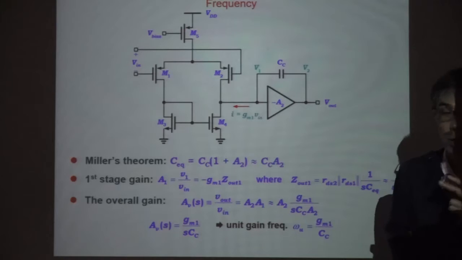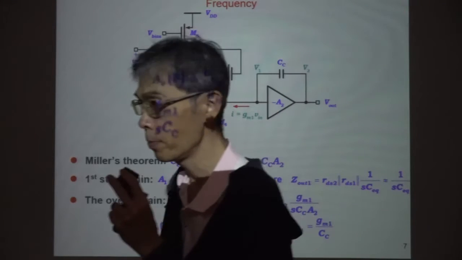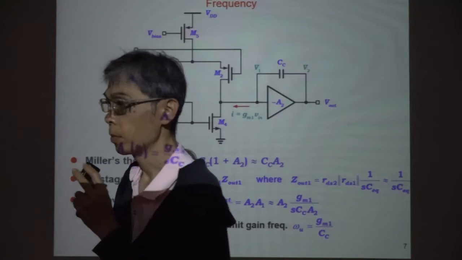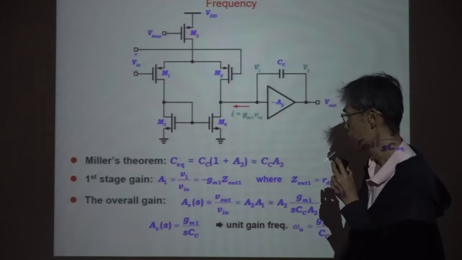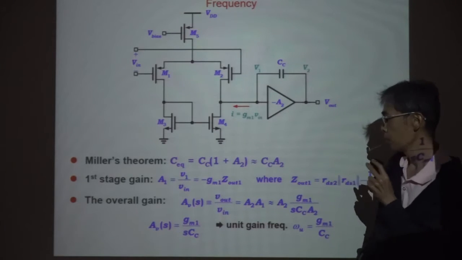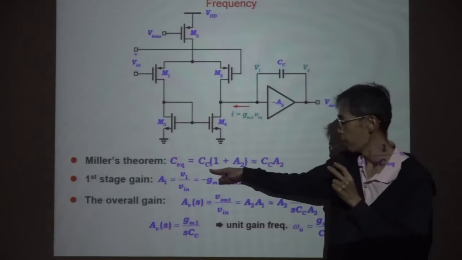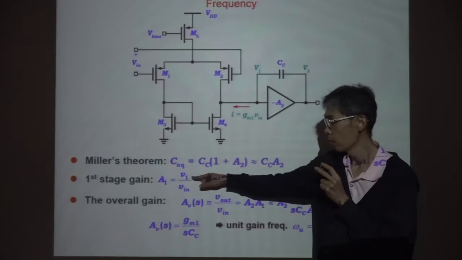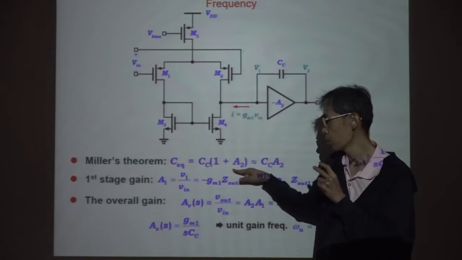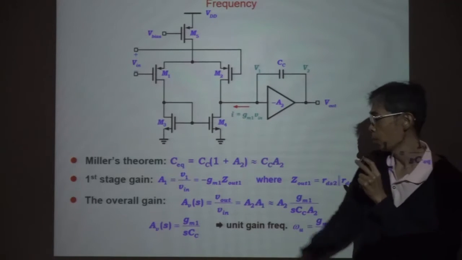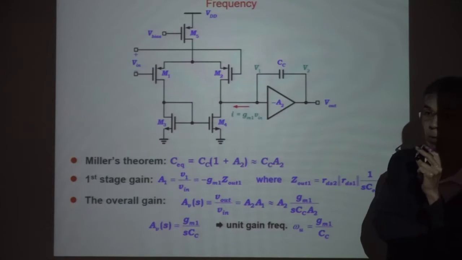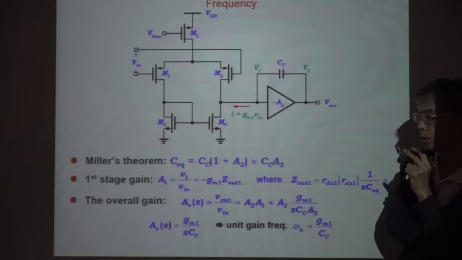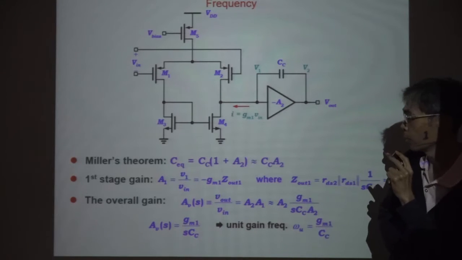Okay. Kaiser, any problem? Why do we have this one, Kaiser? Can you explain how we got this one? We will use Miller's theorem. So which one?